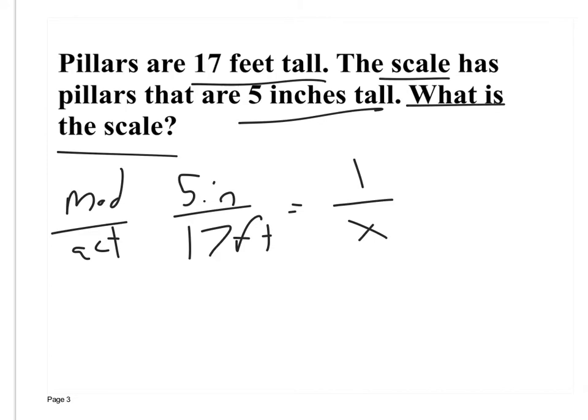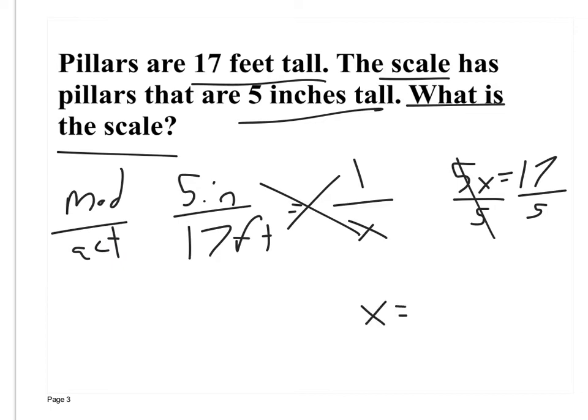I cross multiply and solve. Wait, hold up. No, hold up. So 5x is equal to 17. Divide by 5, and I find that x is equal to 3.4, which is feet, because we're talking about the actual. My actual's in feet. But that's not my answer.